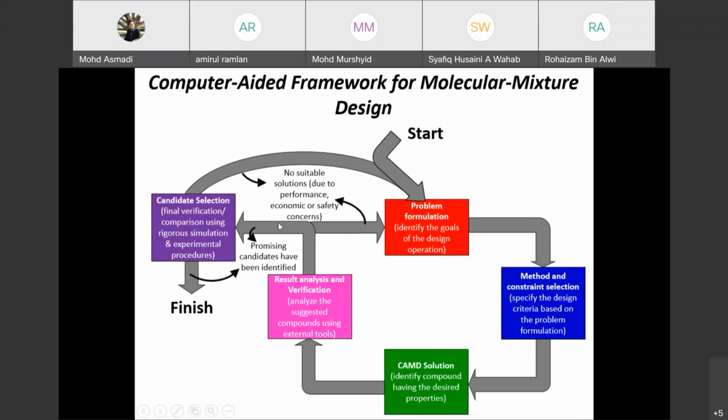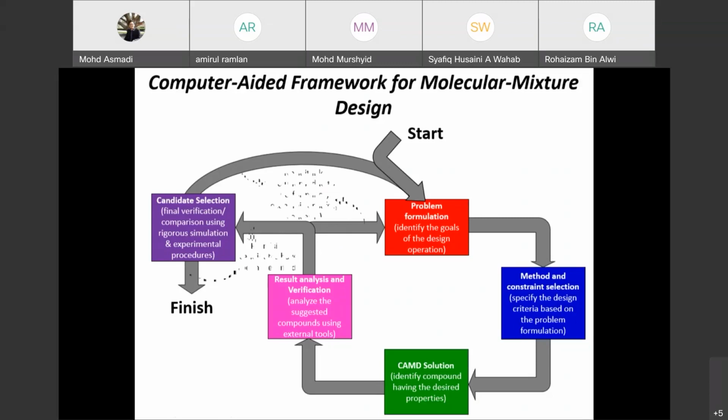Loop ni kalau tengok kat sini, not suitable solutions, due to performance, economic, safety concerns. So kalau tak, memang dia akan loop balik lah daripada awal. Tak boleh finish lah. Ni dua ni penting. Hari tu saya dah explain kan stage gate kan. Dia macam tu kan. Kalau tak boleh pergi kita akan patah balik lah. Faham?